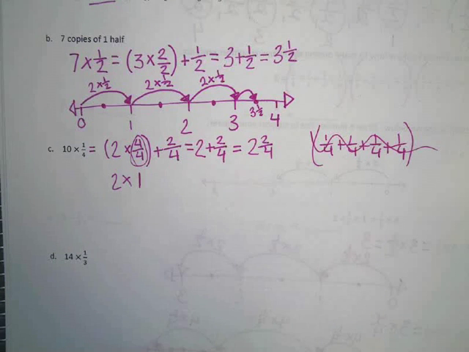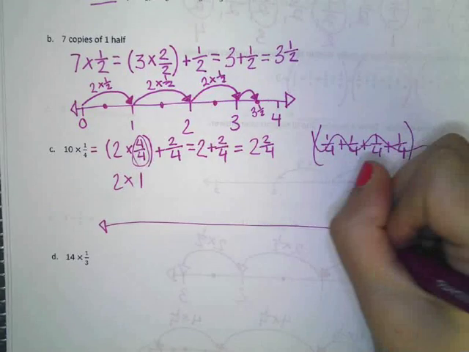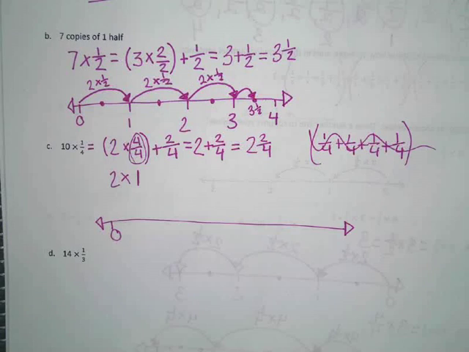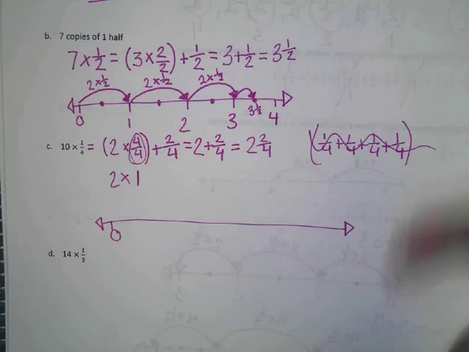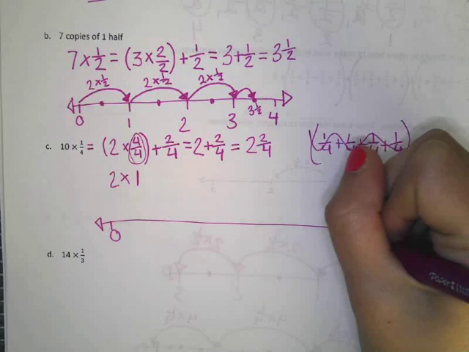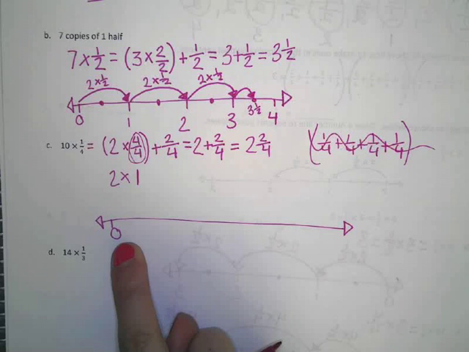On my number line, how can I prove this? What do I need to do? Brendan? You need to start at, or you have to put 0 on it, and then you have to label. What do I need to put in my end? I have a 0. What do I put in this end?